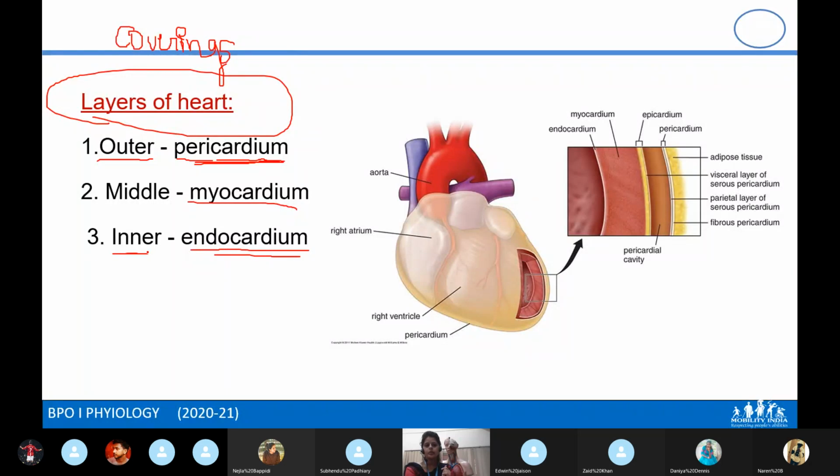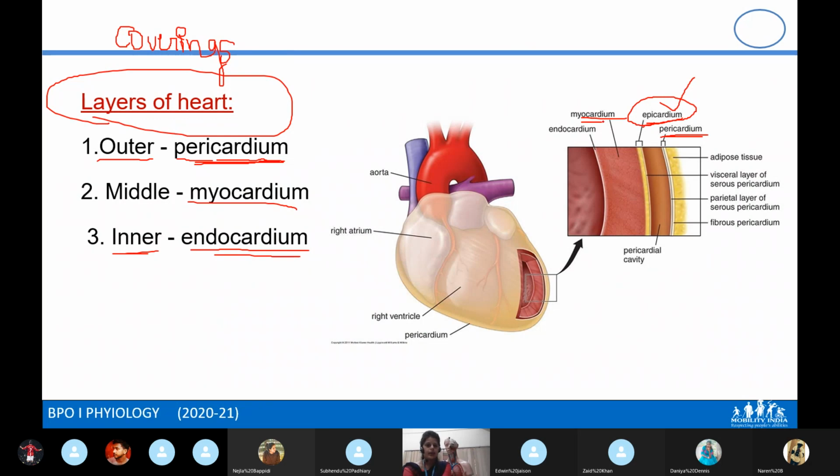Endocardium is the innermost layer of the heart. Some books also give epicardium. If you want, you can write it. The outermost is peri, and some books give one more layer between myo and peri called epicardium.